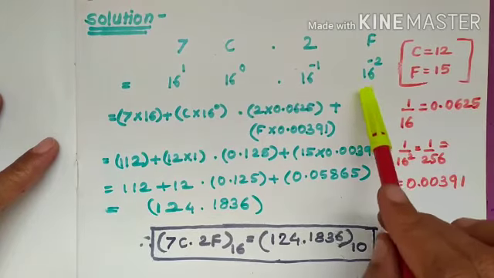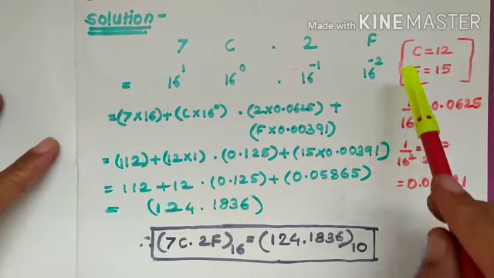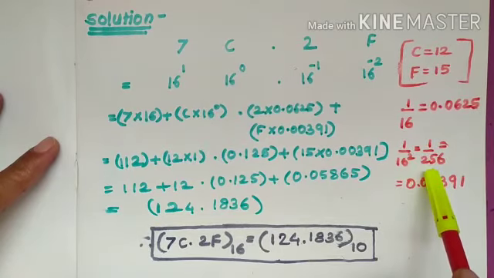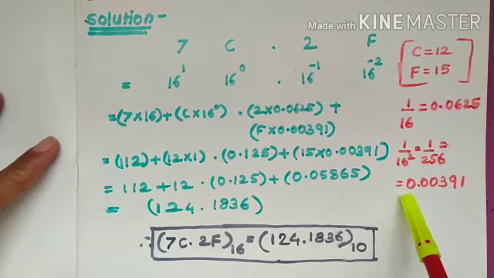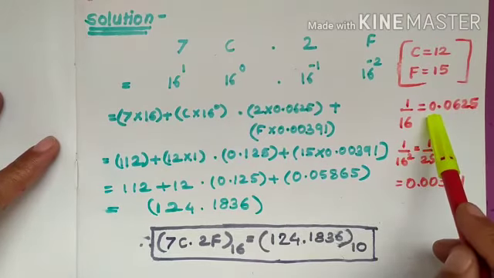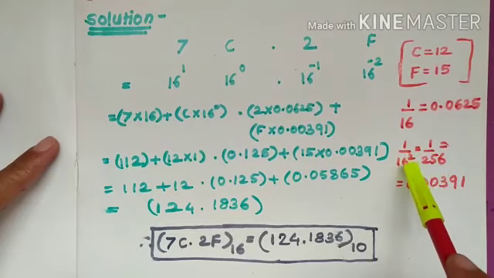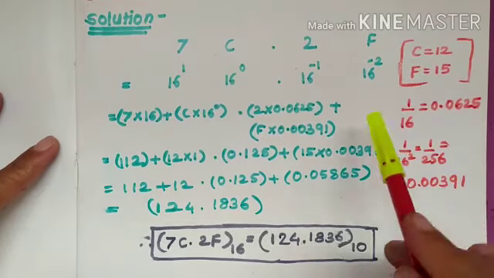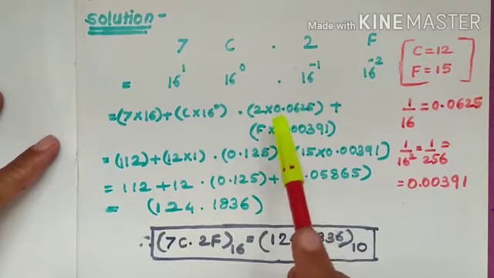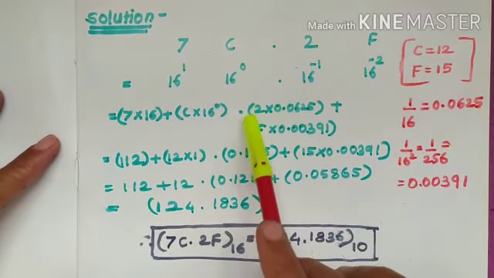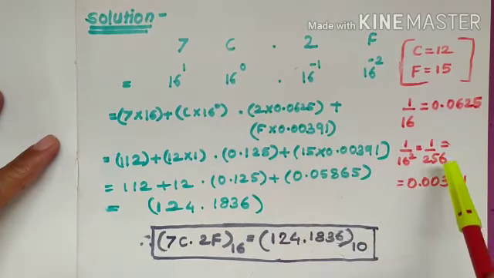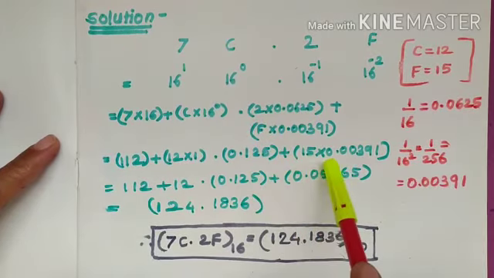And similarly, 16 raised to minus 2 is equal to 1 upon 16 raised to 2, that is equal to 1 upon 256, and this is equal to 0.00391. So multiplying the value of 1 upon 16 and of 1 upon 16 raised to 2 by their respective hex digits, that is 2 multiplied by 0.0625 plus 15 multiplied by 0.00391.